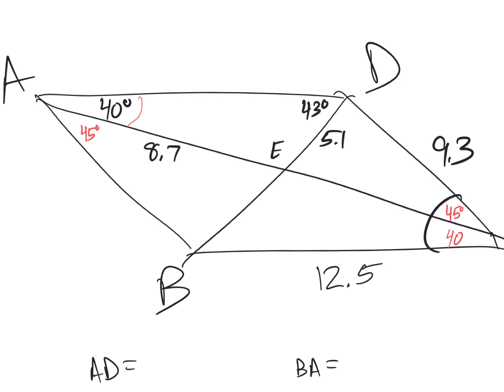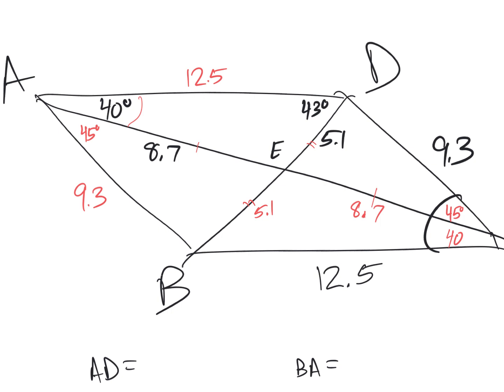So AE should be the same thing as EC, 8.7. And vice versa on BD. 5.1 should be the same as BE. And then BC, 12.5, should be the same as AD. And DC is 9.3, so that's the same as AB, 9.3.